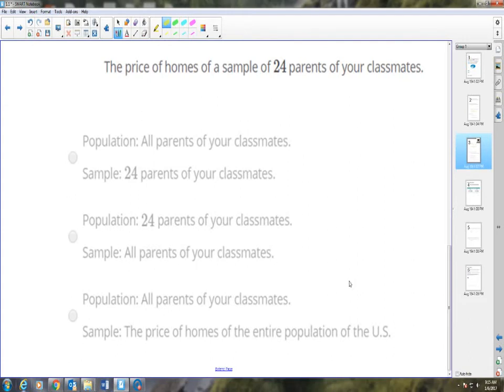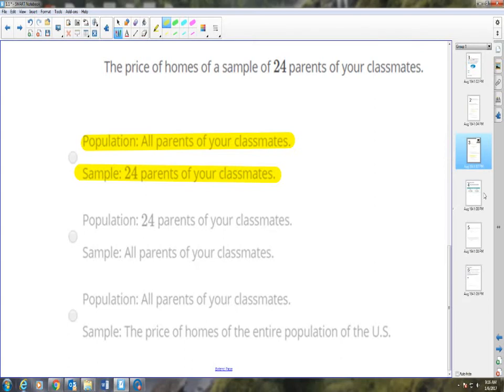The population has got to be all parents of your classmates, and the sample has got to be those 24 parents of your classmates. Okay, price of homes of a sample of 24 parents. So you already know that 24 is a sample of all your classmates' parents, which has got to be the population.